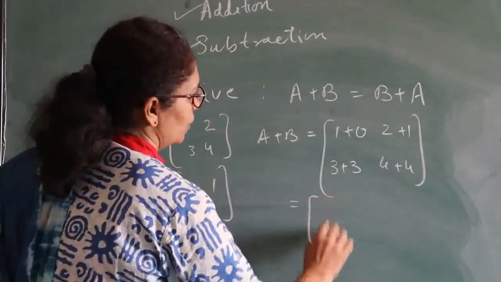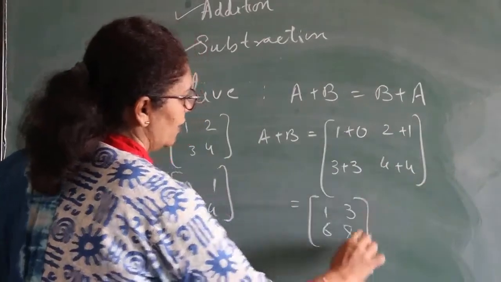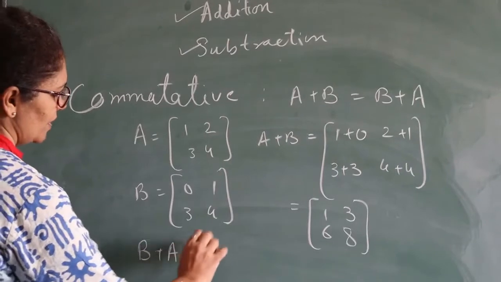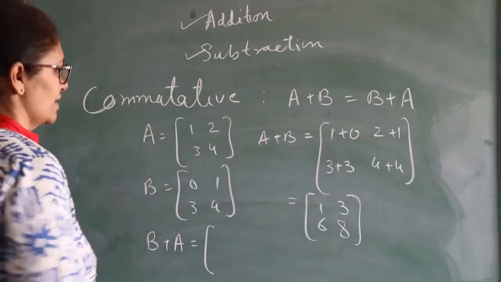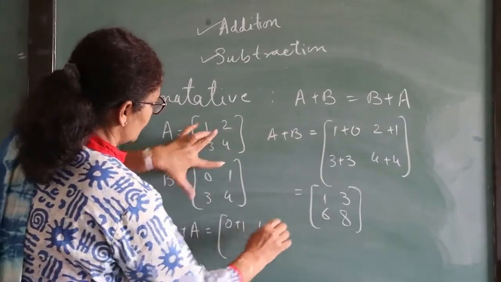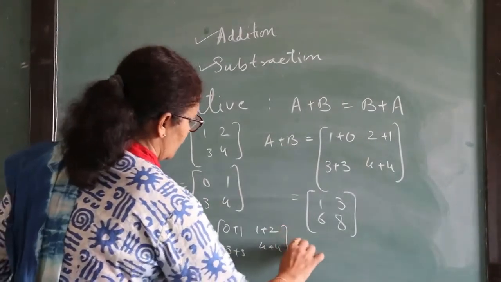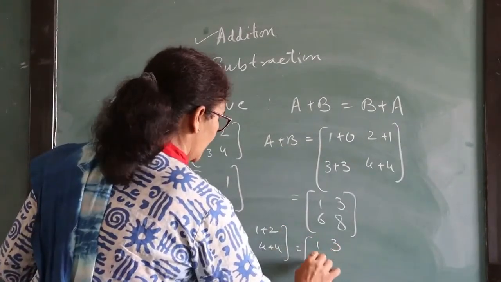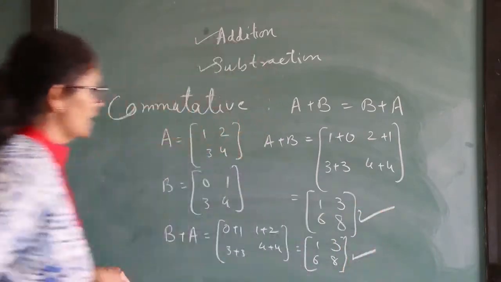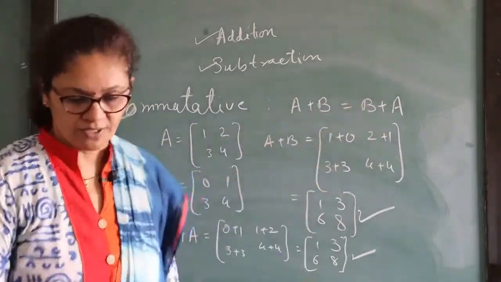Now we get 1, 3, 6, and 8. Now let's find B plus A, where B is written first and A later. So 0 plus 1, then 1 plus 2, then 3 plus 3, and 4 plus 4. So we get 1 3 6 8. This answer and that answer are the same, which means the commutative property is true for matrices.